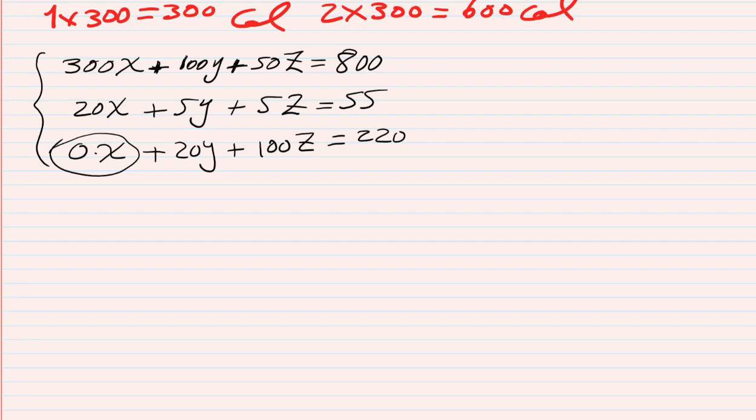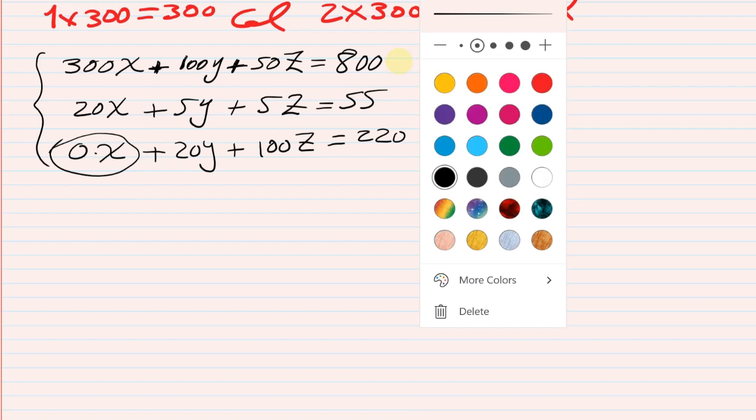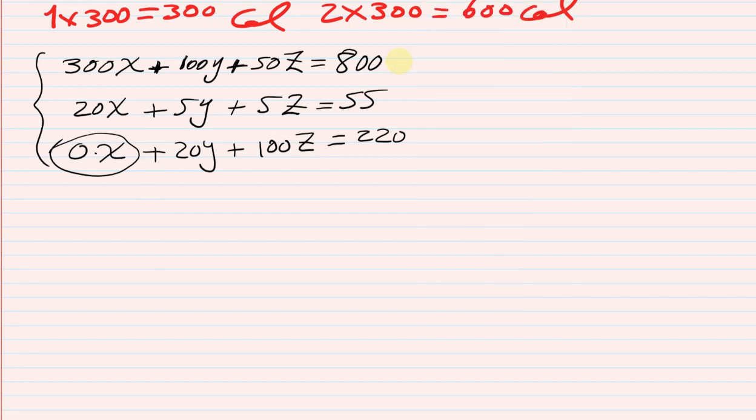If you look at the first equation, 300, 100, 50, 800, the GCF, the greatest common factor between these, is 50, isn't it? So let's make the coefficients smaller. I'm going to divide the first equation, everything, by 50.